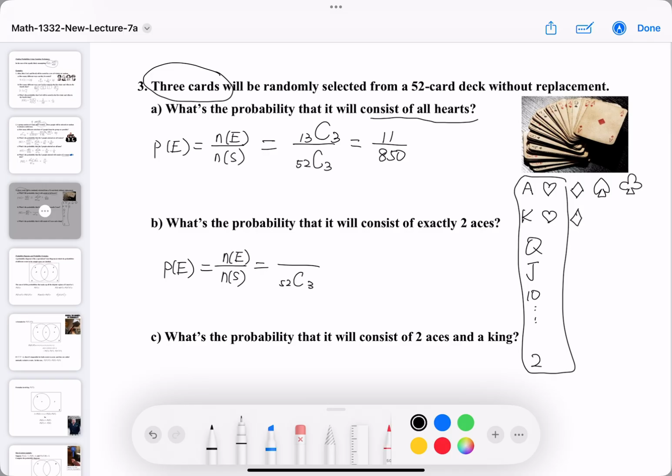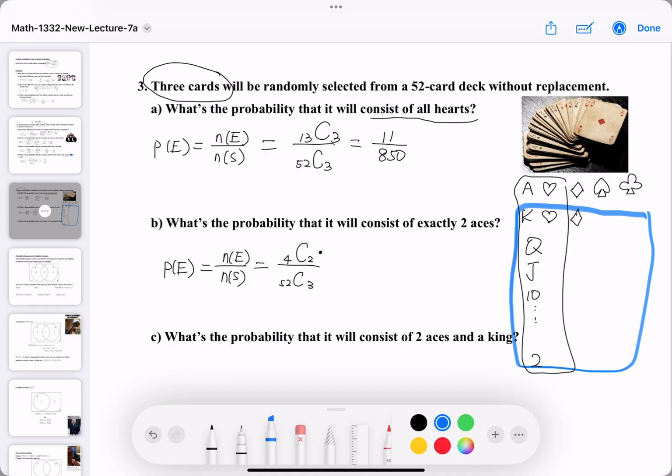So how many aces do we have? We have 4 aces. We need to choose 2 from 4 aces. And what is the last card I'm going to have? I can choose any card from here.